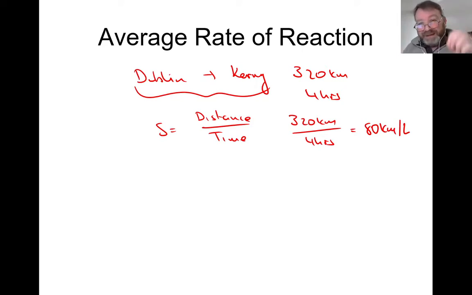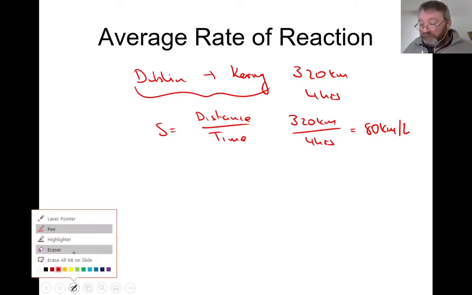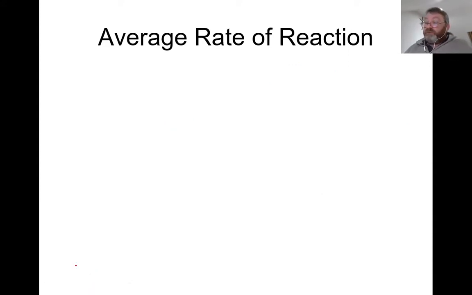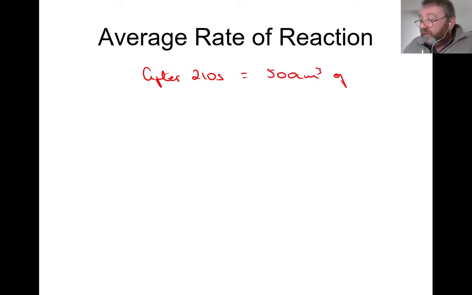Now, why am I telling you this in terms of speed? Because you do exactly the same thing in terms of average rate. Because after all, in one sense, the rate is the speed of a given chemical reaction. So let's say, for example, somebody tells me that after 210 seconds, they were able to produce 500 centimeters cubed of oxygen. And then they ask me, what's your average rate?